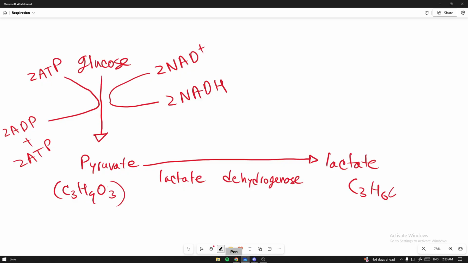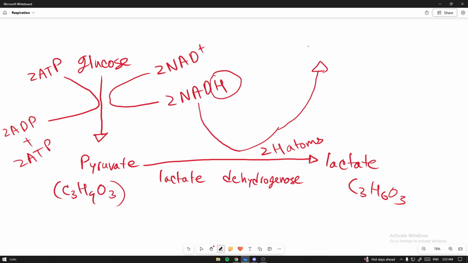Where is this hydrogen coming from? You might have guessed it, it's coming from the NADH. In the presence of lactate dehydrogenase enzyme, it drops 2 hydrogen atoms and gets recycled into NAD plus, 2 NAD plus.